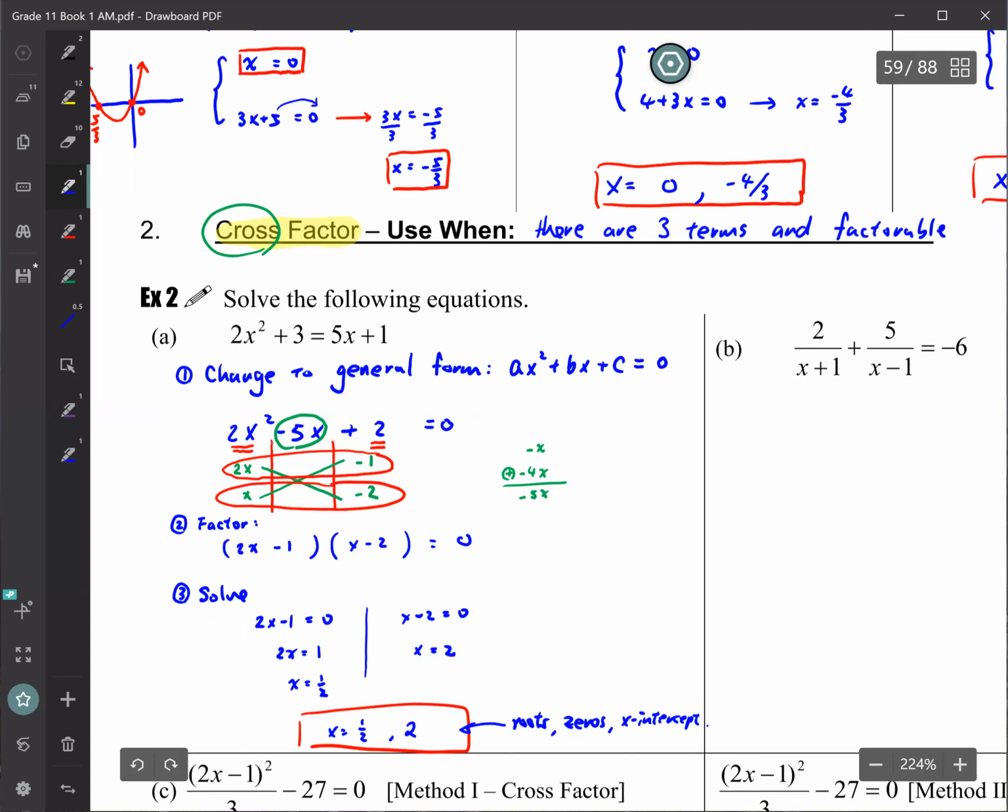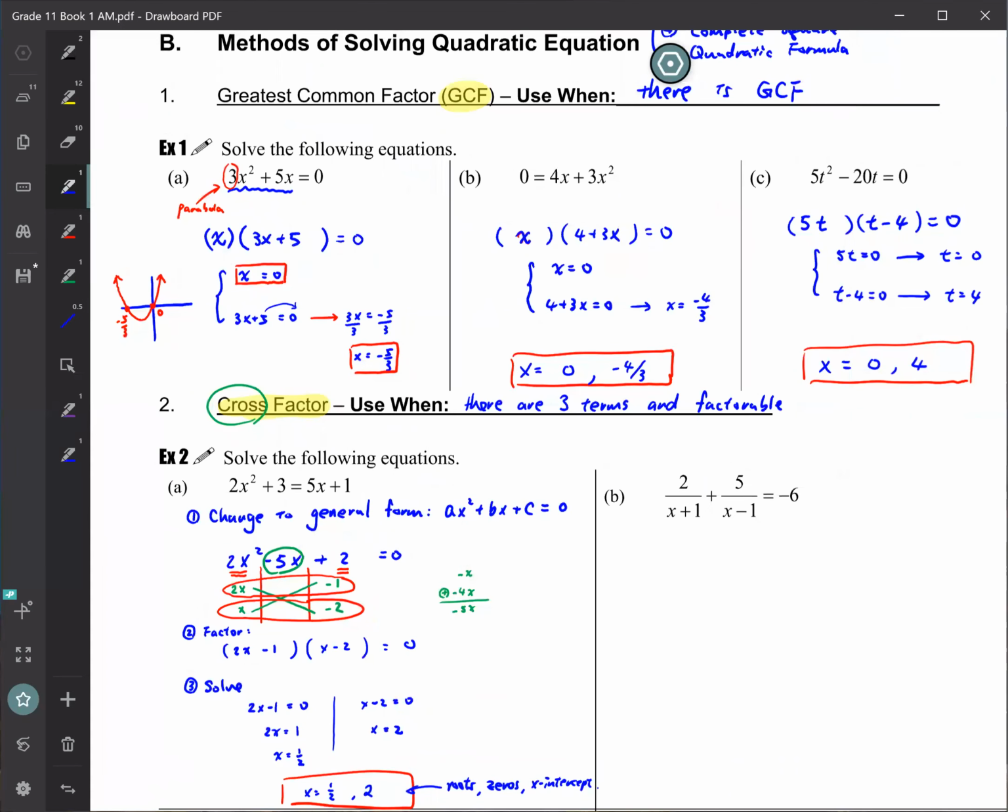So you always turn into general form first before you check. General form will have 3 terms all the time. If it's GCF, it could be 2 terms, could be 3 terms, and there's no fixed number of terms.